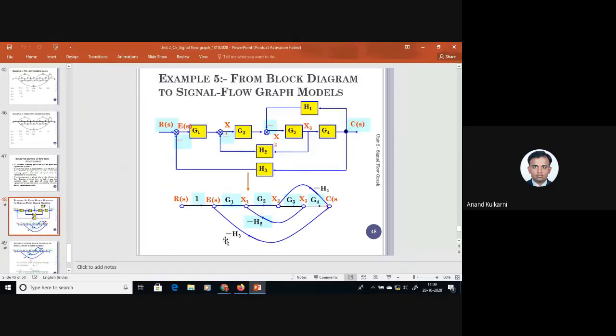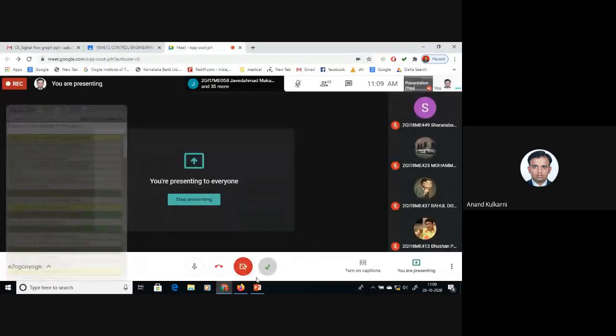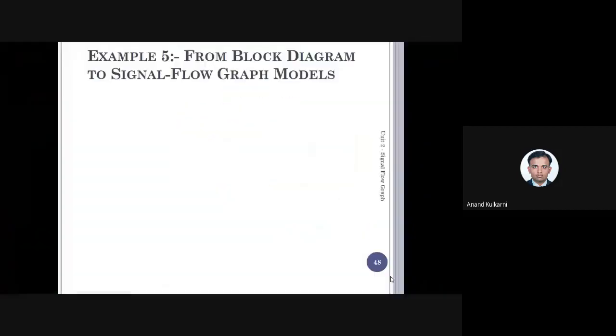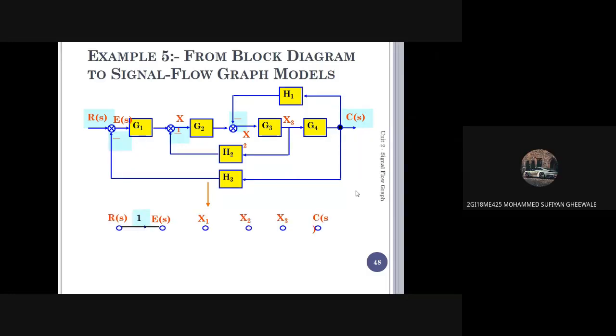Hope this is visible and clear. Any doubts? Just take this down. What is X1, X2, X3, sir?